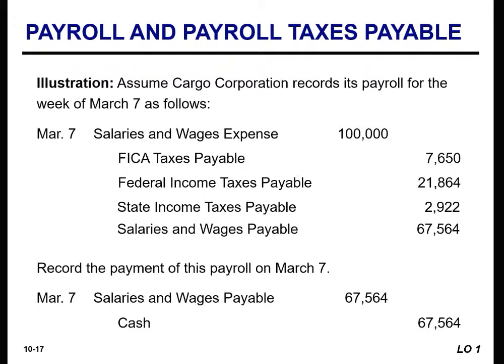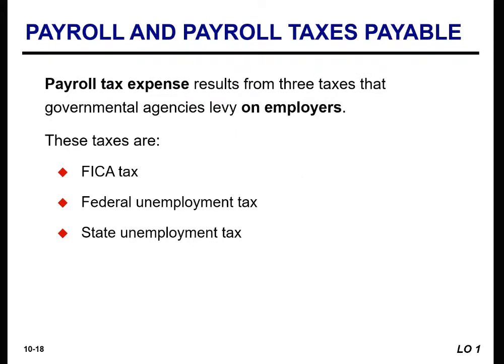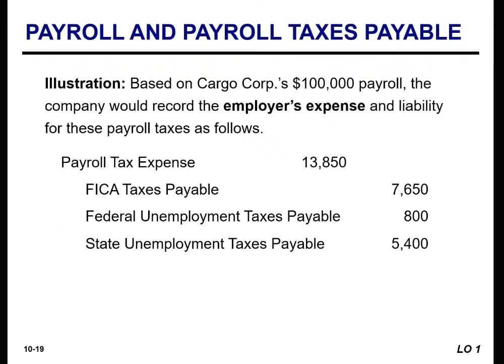The payroll tax expenses that result from 3 taxes from government entities that are levied on employers are FICA, federal unemployment, and state unemployment. So we would then have, as well, the employer's expenses and liability entries that we would need to record.